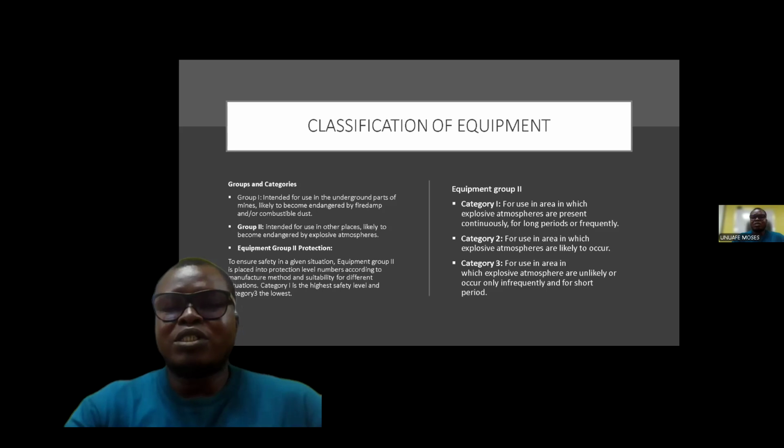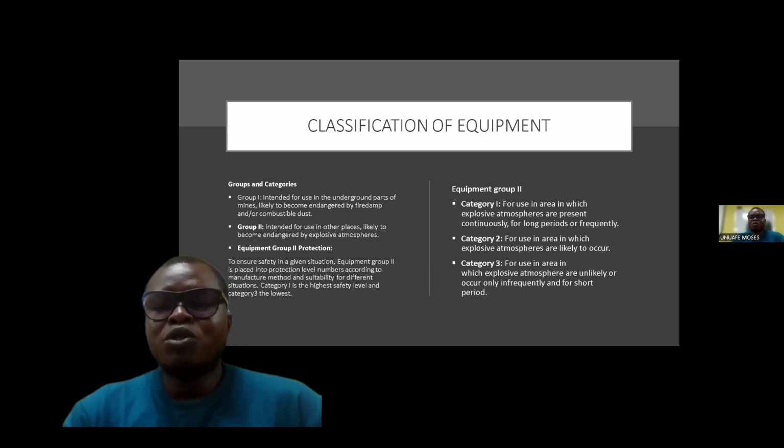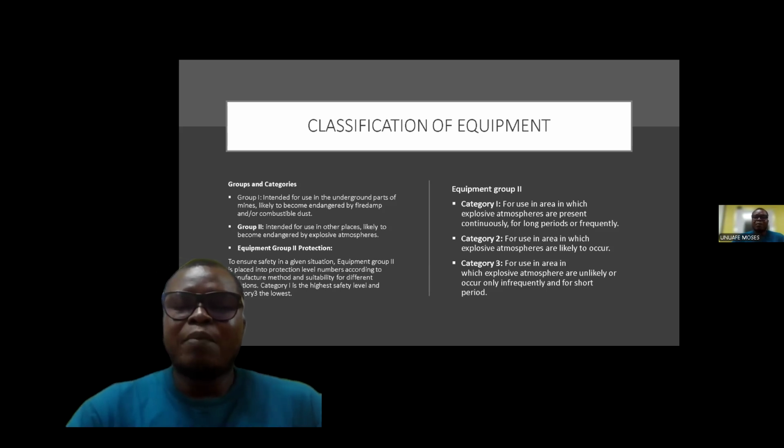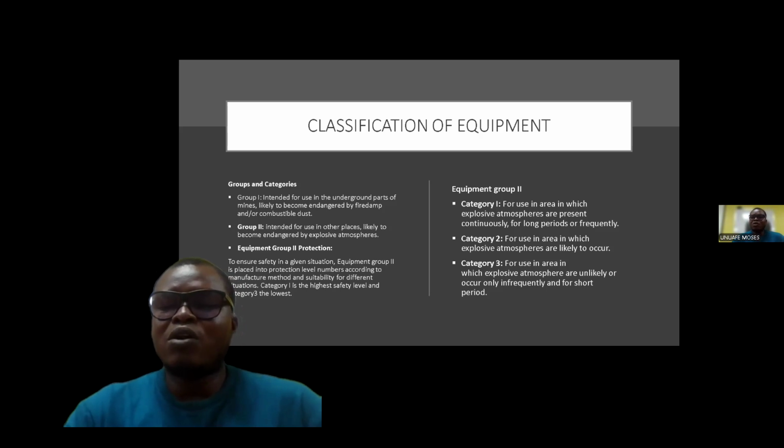So let's say, for instance, before we go for a further example, there is a need for us to understand each of these categories. Category 1 is for use in an area in which explosive atmospheres are present continuously, for a long period or frequently.